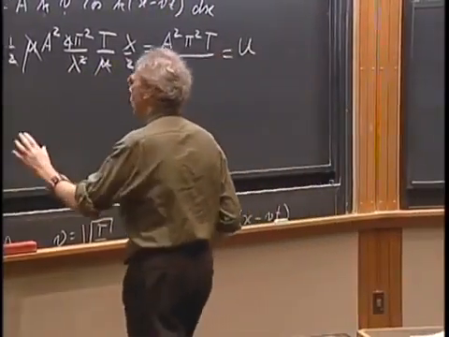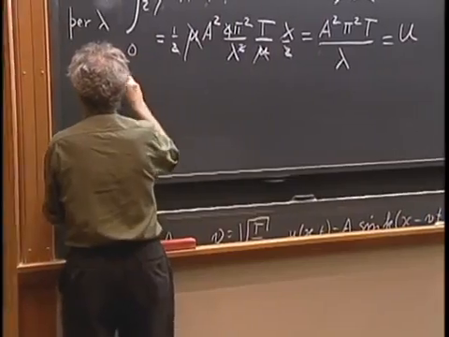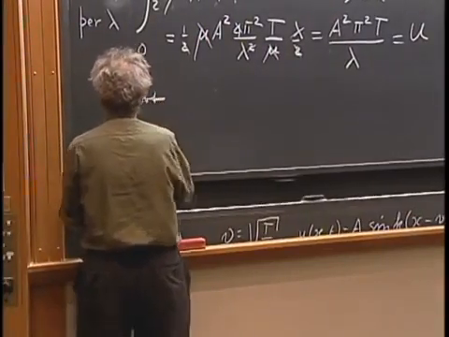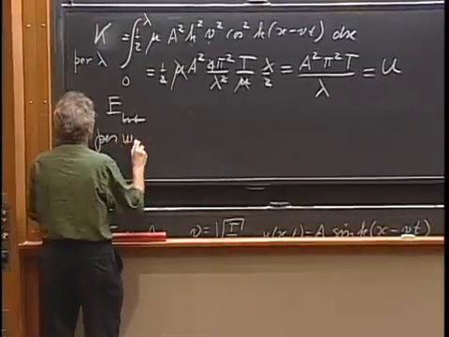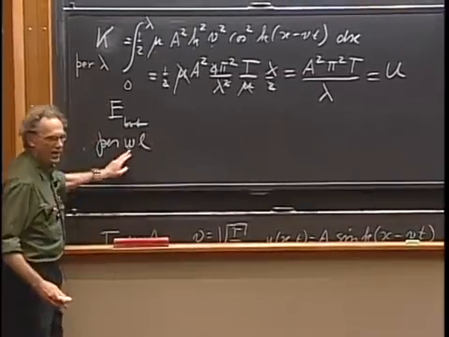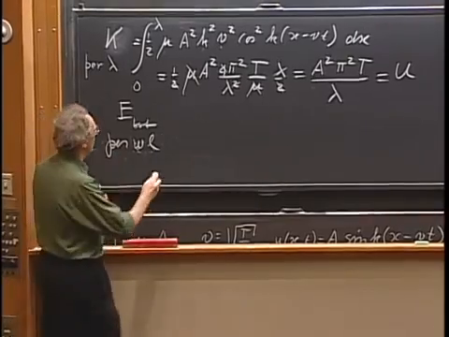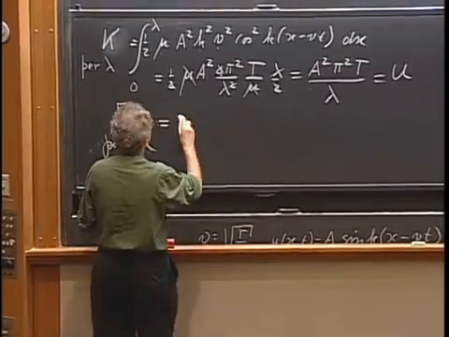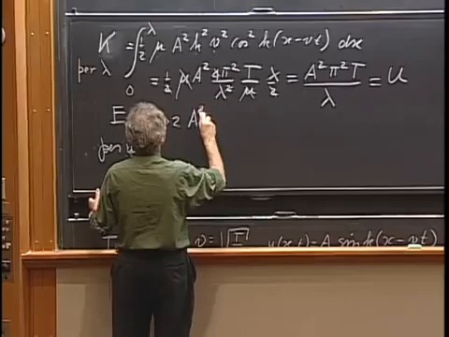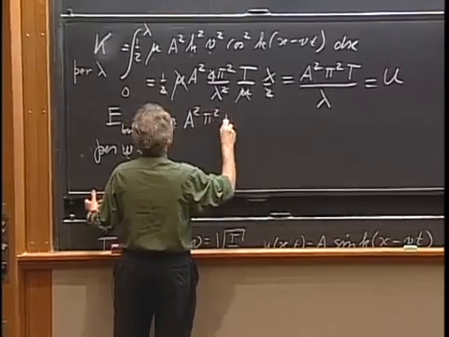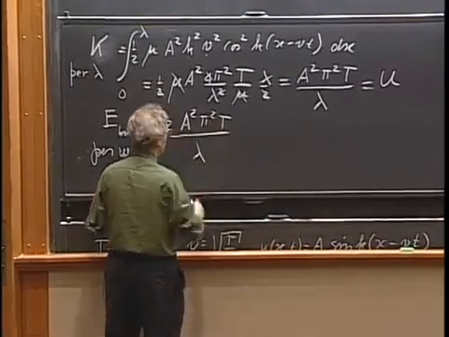So that means that the total energy per wavelength, so now I write down E total, again per wavelength, WL stands for wavelength, not for Walter Lewin, but for wavelength. The total energy per wavelength is now twice that, so it's 2a squared times pi squared T divided by lambda.